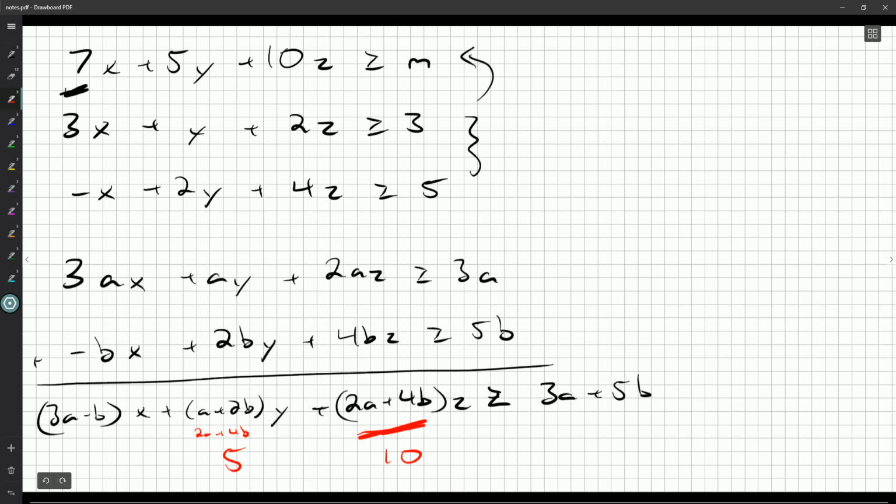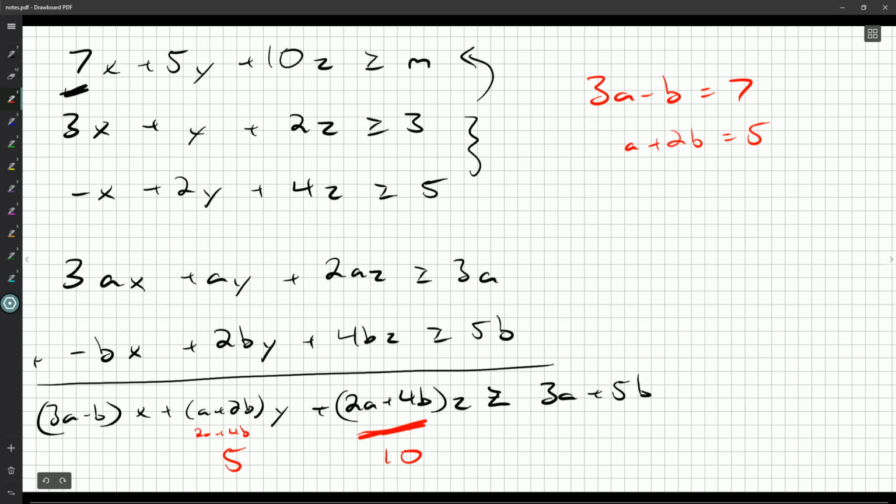So I need 3a minus b equal to 7 and a plus 2b equal to 5. If I can find an a and a b that do that, then we're great.